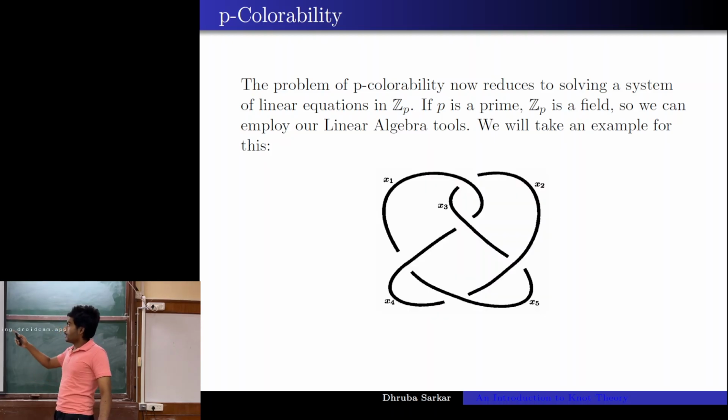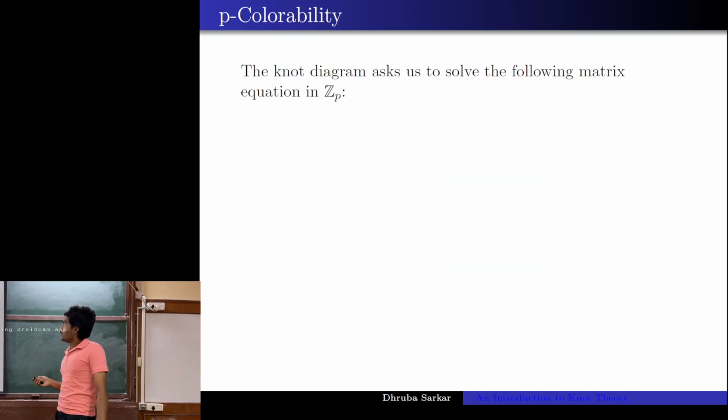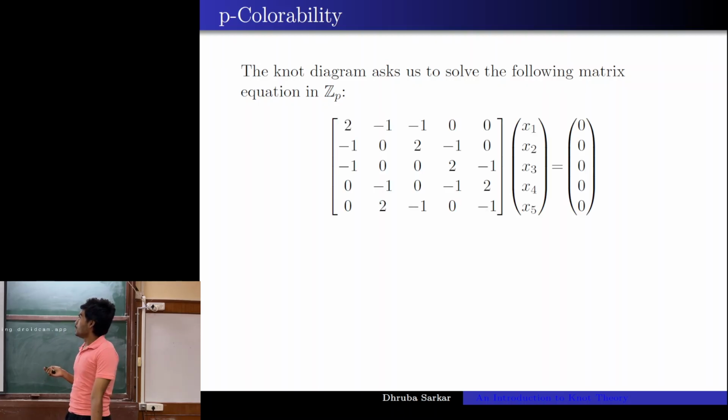If you have this knot and these are the labelings of the arcs, we write all the equations and need to solve this system of linear equations, with the exception that x1, x2, x3, x4, and x5 should not all be the same number. As you can see, if all of them are one, that also forms a solution, but we want to ignore that.